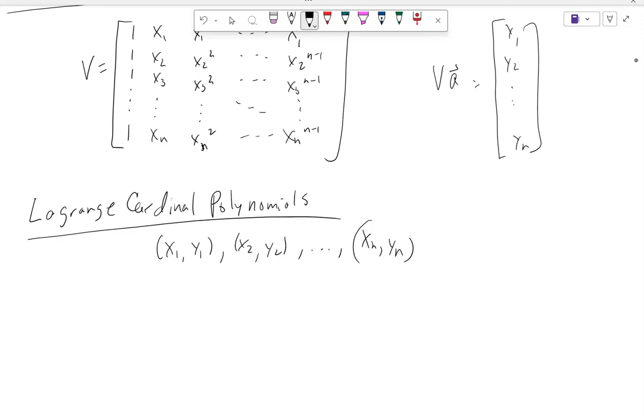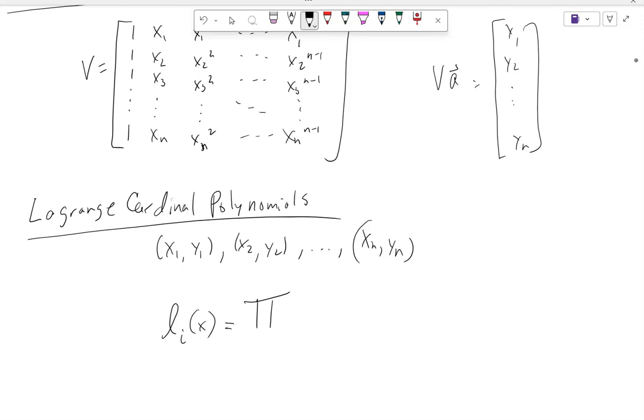Then your Lagrange cardinal polynomial, which the notation they typically use is a script L sub i of x, is the polynomial you use to make sure you have the right y sub i for the given x sub i.